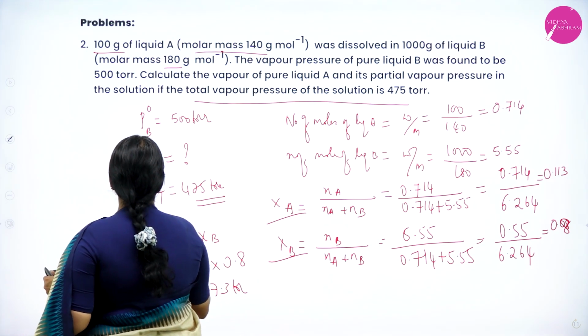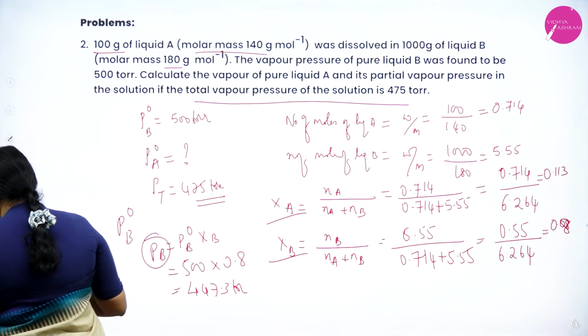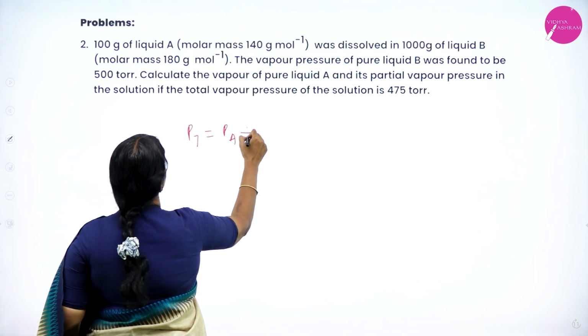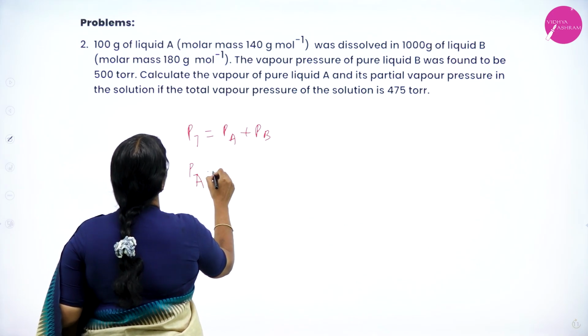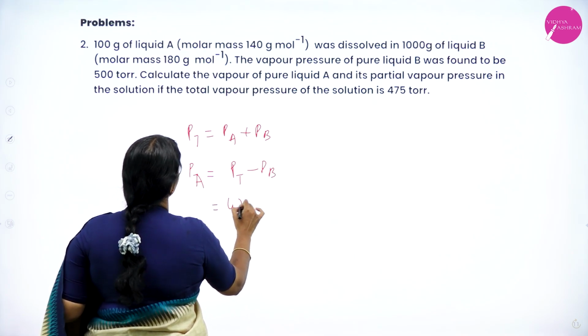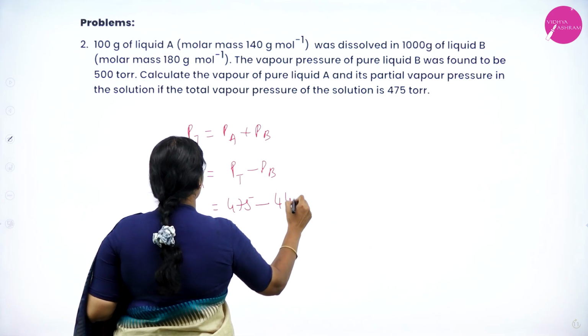You get PB. Next we have to get PA. P total is equal to PA plus PB. P total, you want PA. PA is P total minus PB. P total is 475, PB is 443.